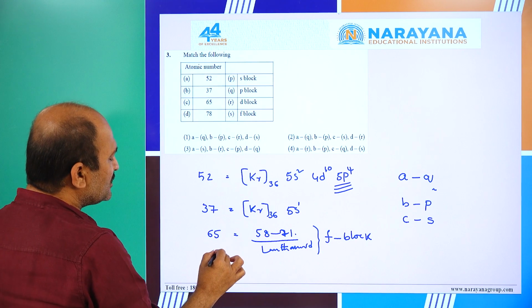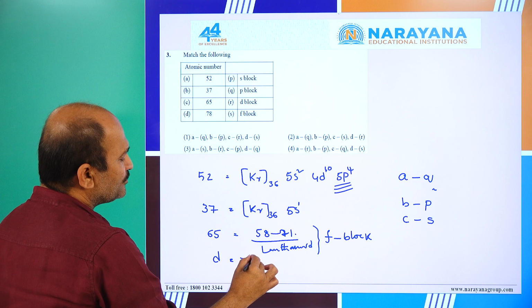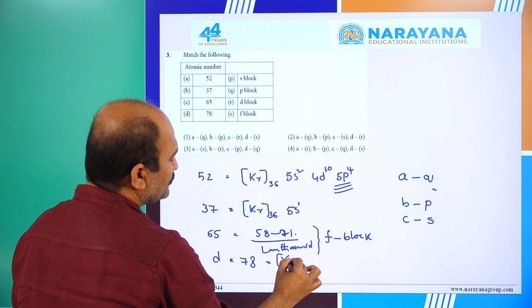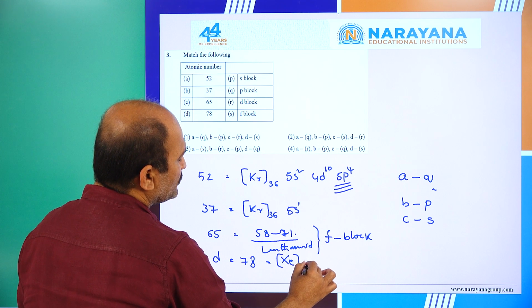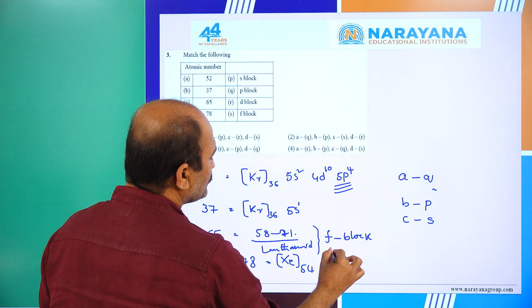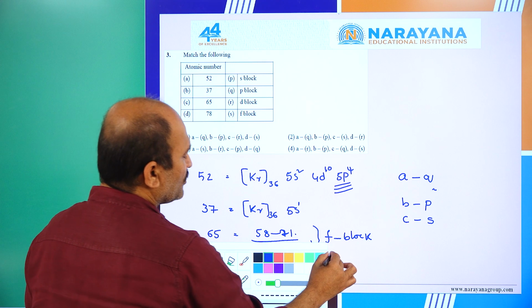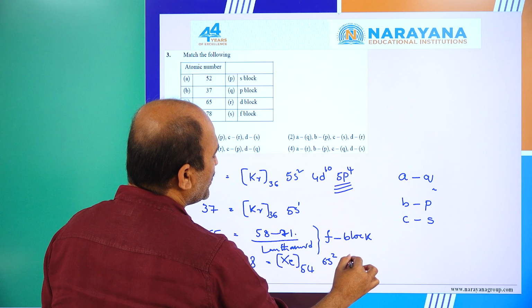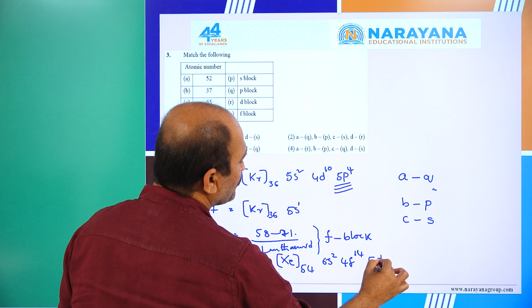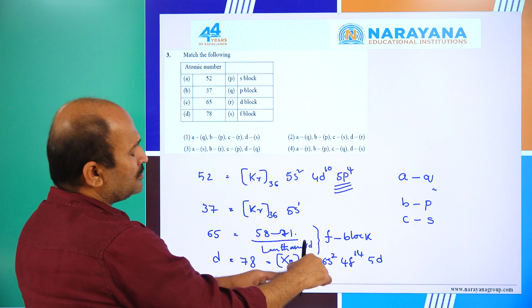And the last element D, that is 78. Write its configuration: xenon 54, 6s2, 4f14, 5d. 54 plus 14 is 68, plus 2 is 70.